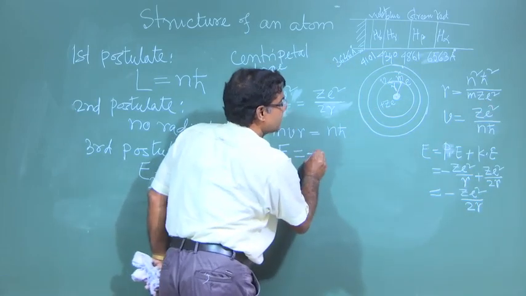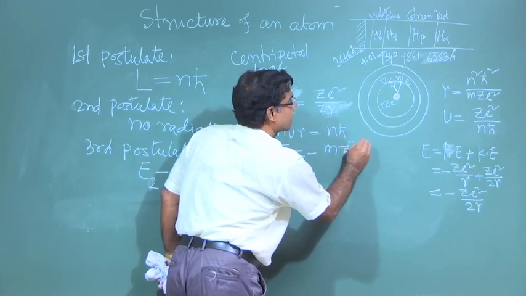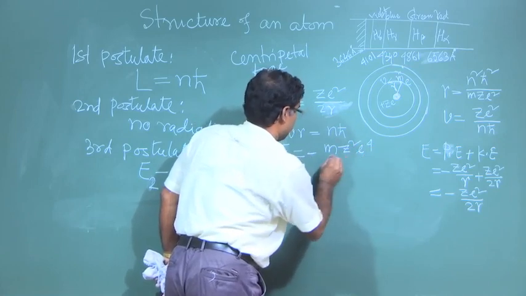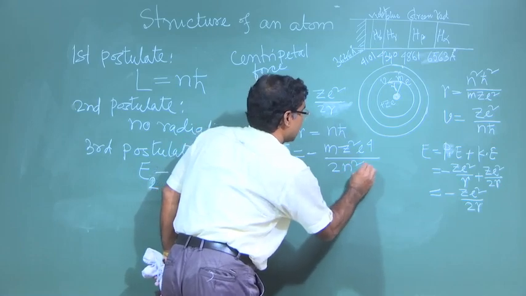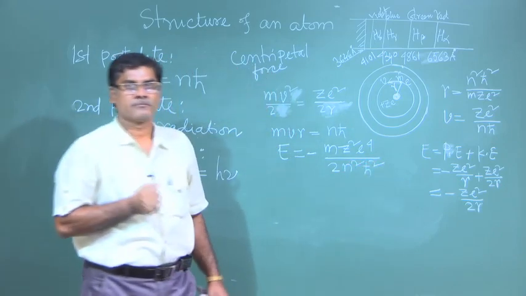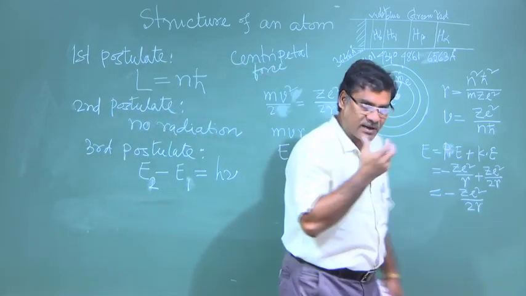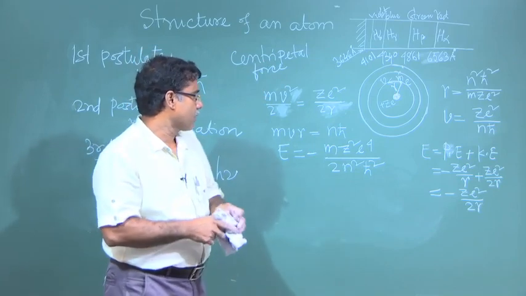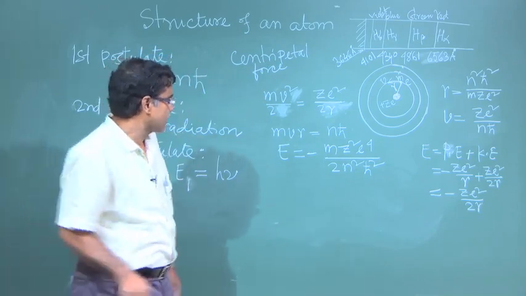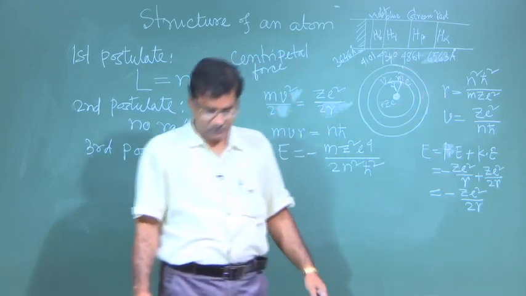So, I will get minus m Z square e to the power 4 divided by 2 n square h cross square, right. So, that is the energy of electron in a particular orbit, basically nth orbit. Okay.